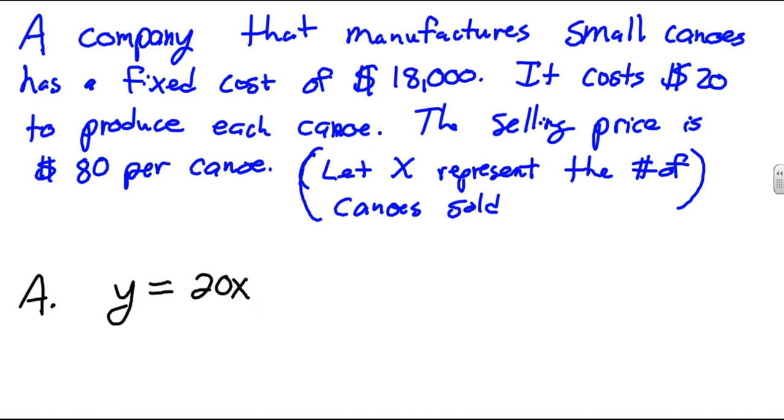Sorry, we're doing functions here. Hang on, let me change that. Instead of y equals, because it's a function, we've got to do that as c of x. So c of x would equal 20x.